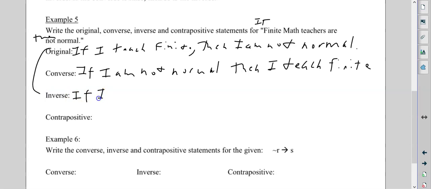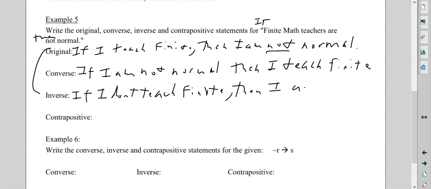If I don't teach finite, here's the tricky part, then I'm negating a not. I am normal. That is actually the negation because the first one had a consequent that was a negative.